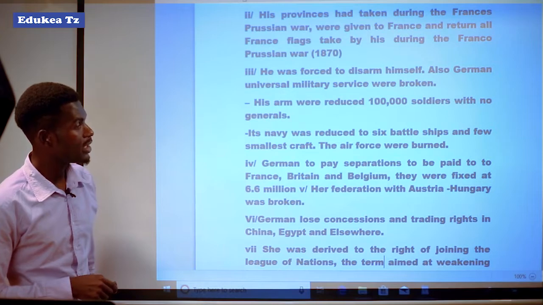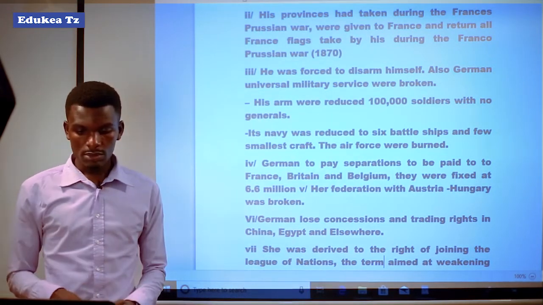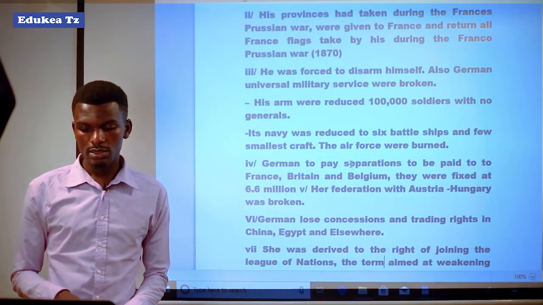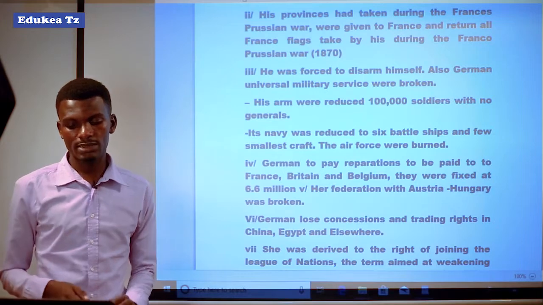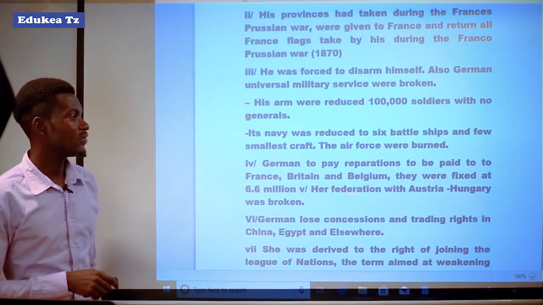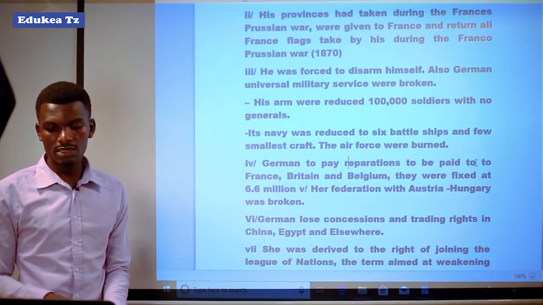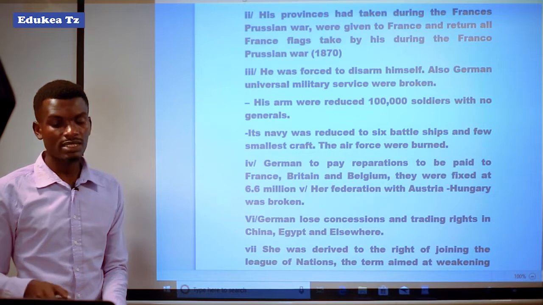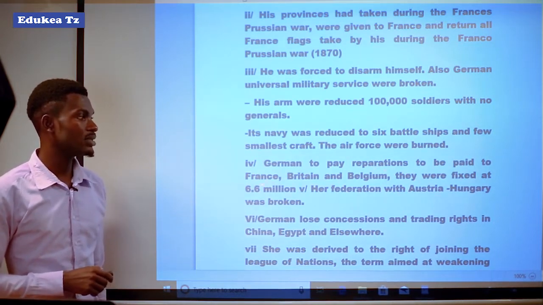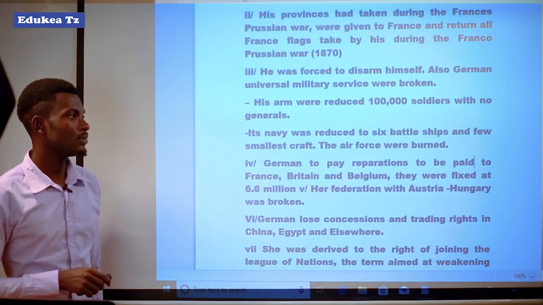The fourth one, Germany had to pay war reparations. It means that Germany was supposed to pay reparations to the victorious powers like France, Britain and Belgium.